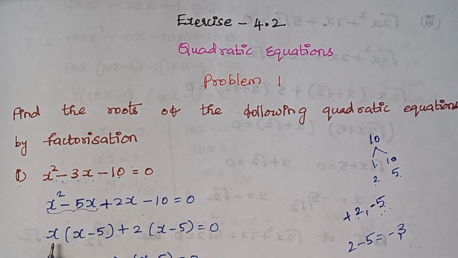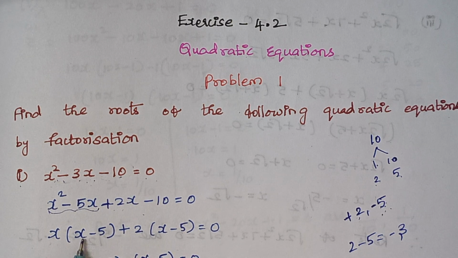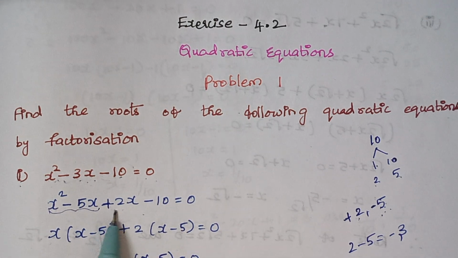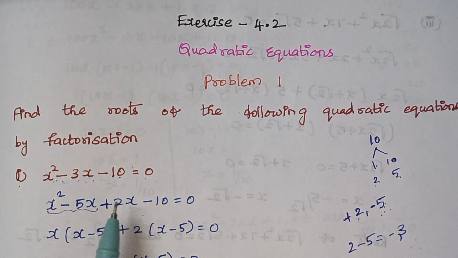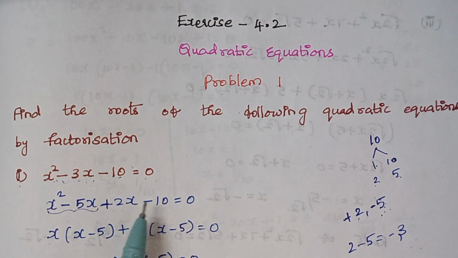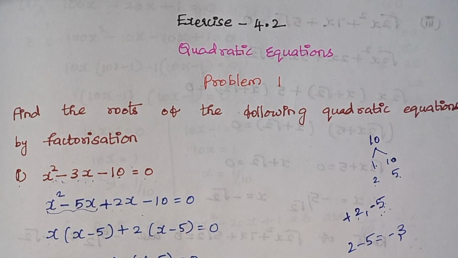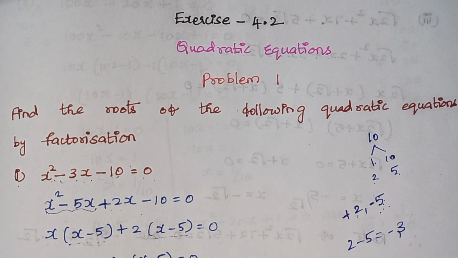So when you take x outside, the remaining term is x minus 5. And again when you look at these two terms, here you can take 2 outside. So when you take 2 outside, then here we will be having x and 10 by 2 is 5. So x minus 5.